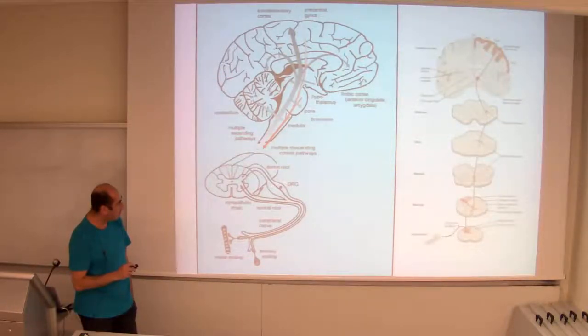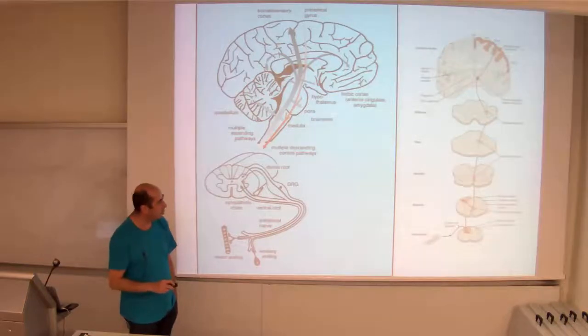The cell body is located in this dorsal root ganglion, which is outside the spinal cord, and then they go through the dorsal horn, and they might make a synapse or might not, but they also continue to go up.